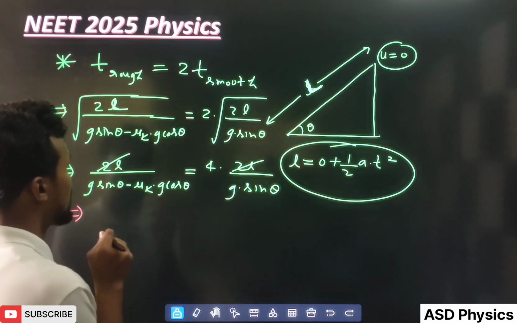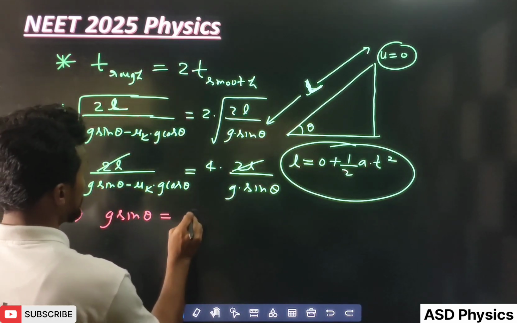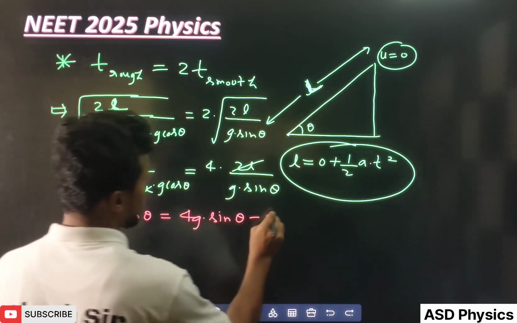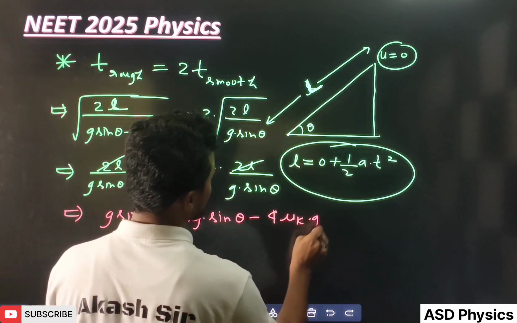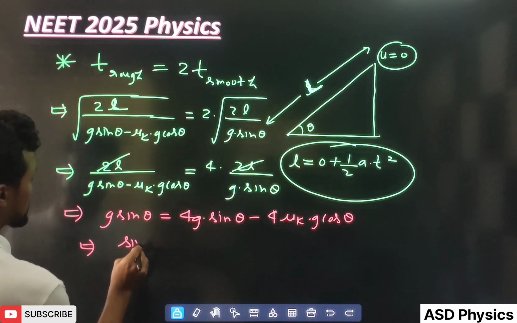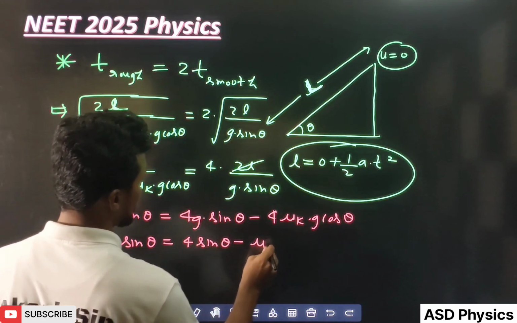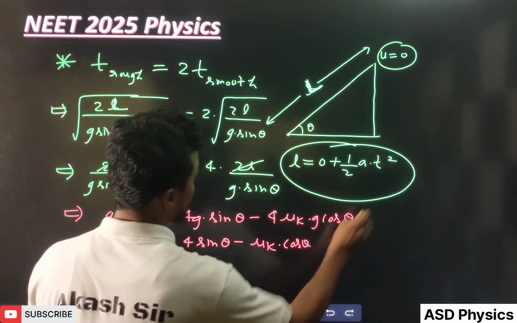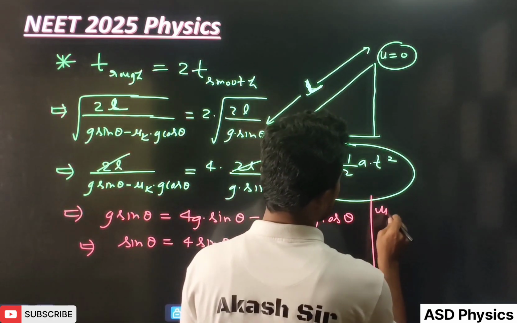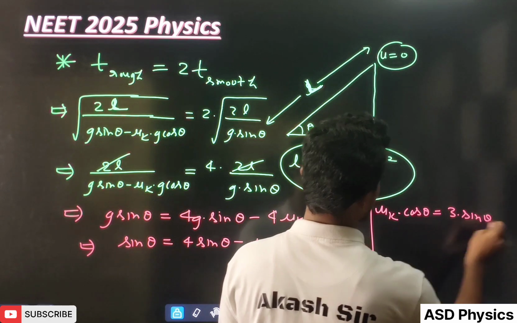We can write g sin theta is equal to 4g sin theta minus 4 mu k g cos theta. g also cancels out, so sin theta is equal to 4 sin theta minus 4 mu k cos theta. Can you see it? So 4 mu k cos theta is equal to 3 sin theta.